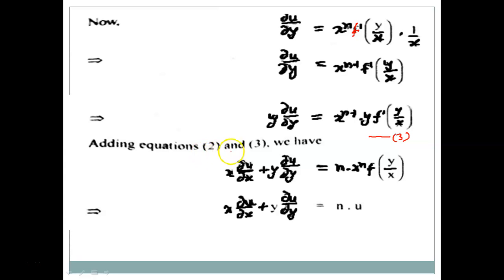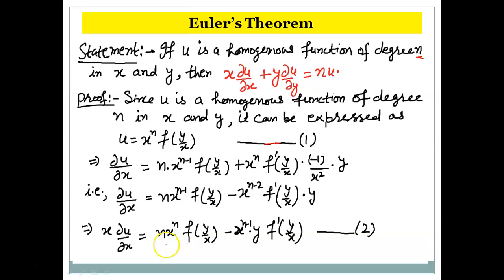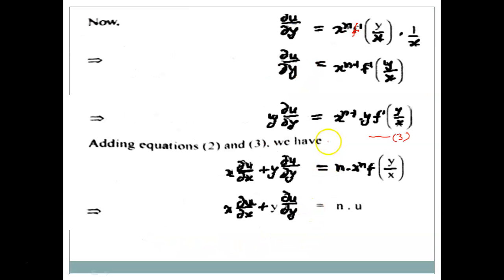Now adding equations 2 and 3, we get x del u by del x plus y del u over del y. On the left hand side you get this quantity, and on the right hand side you will add this part plus this part here. So finally you will obtain n into x raised to power n f of y by x.